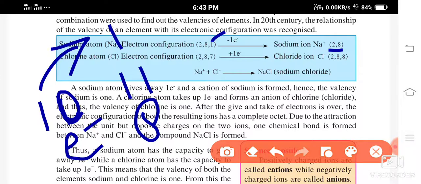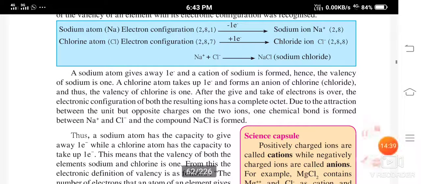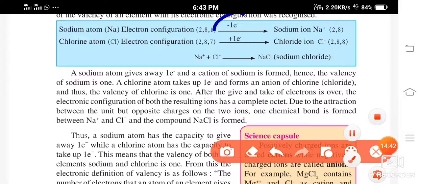One electron is less, but the protons, that is the positive charge, remain the same, 11 only. So now what has happened? It has become positively charged. One positive charge is more over here. That is why it is written as Na plus ion, because it is giving away the outermost 1 electron.